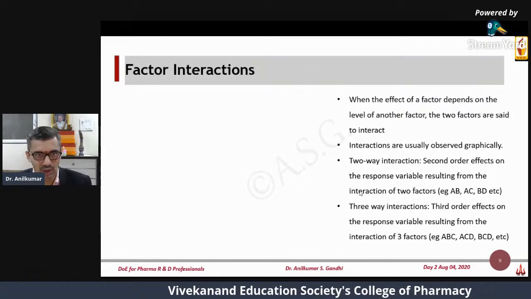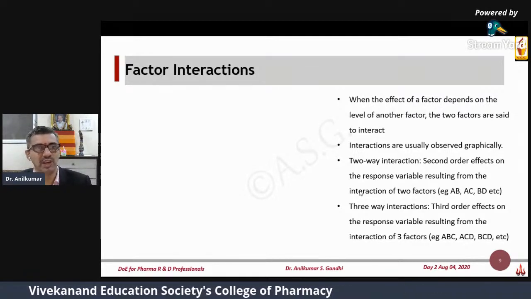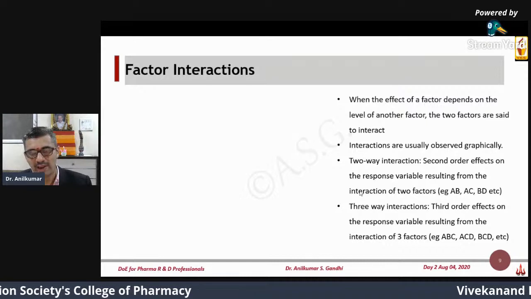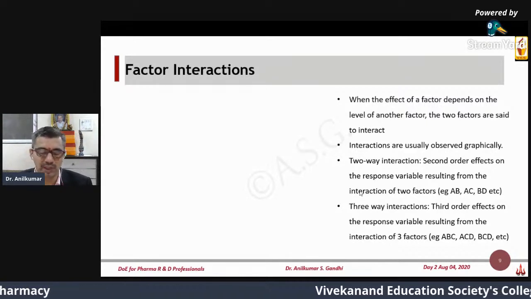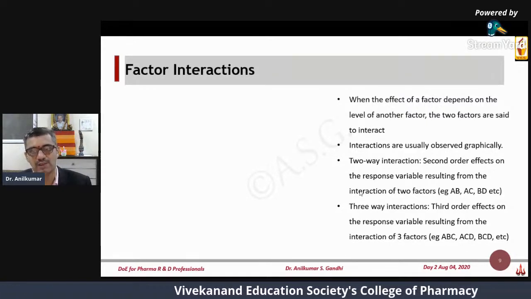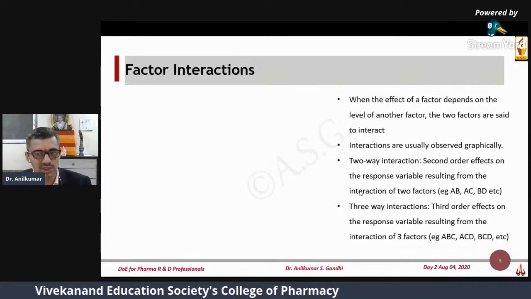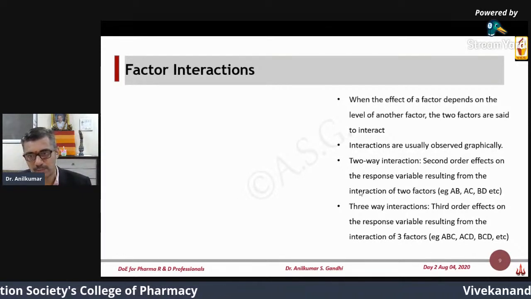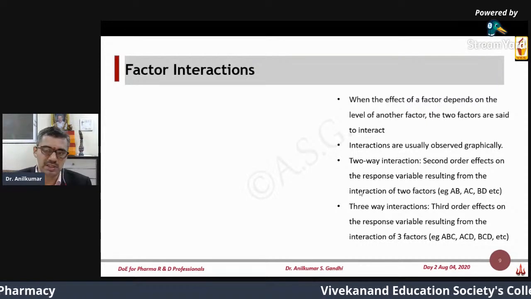This is how interactions become very important for us to know. And this kind of factor interaction you cannot get in OFAT, and therefore we say that DOE scores over OFAT. Okay. Now, how do we see these interactions?